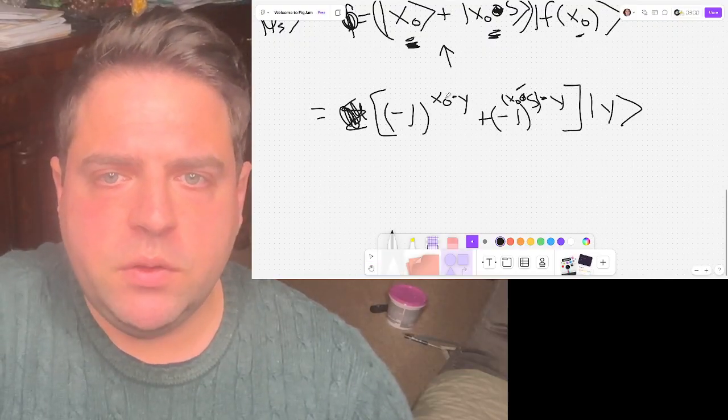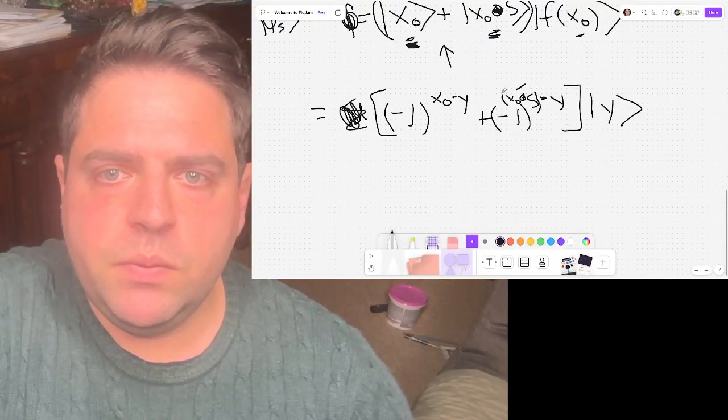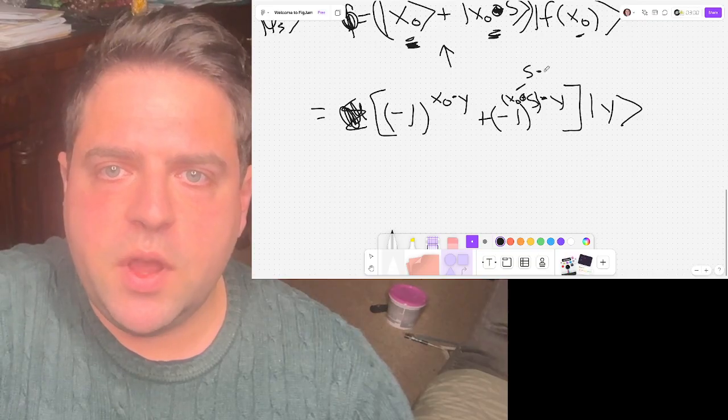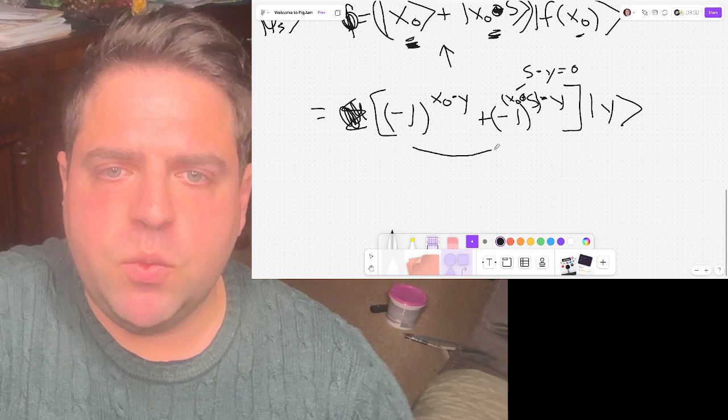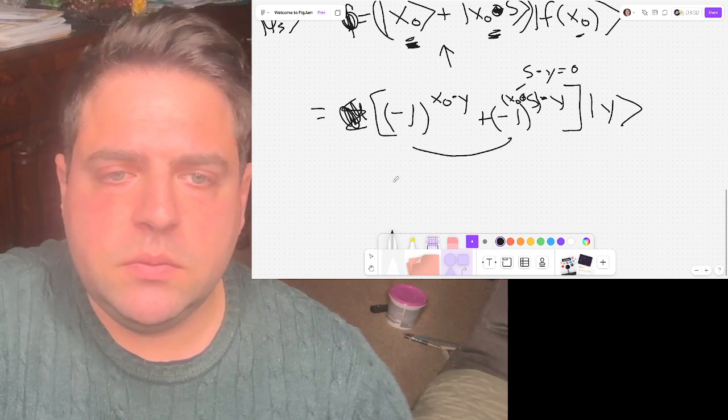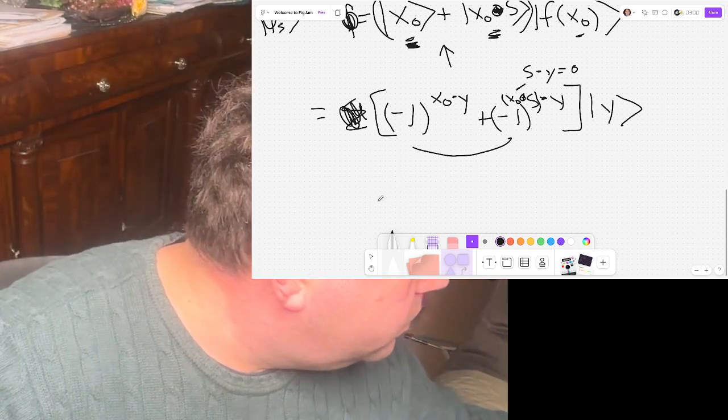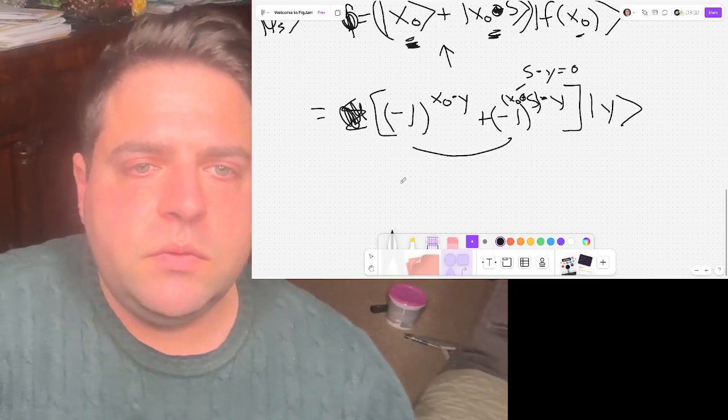At this stage, if s dot y equals 0, then these phases will line up.